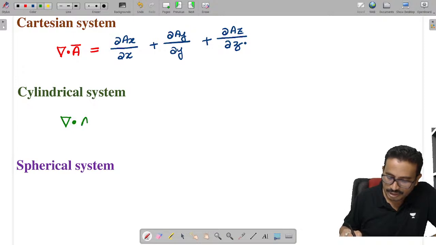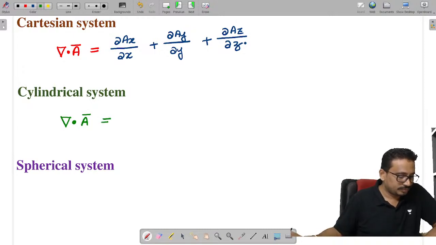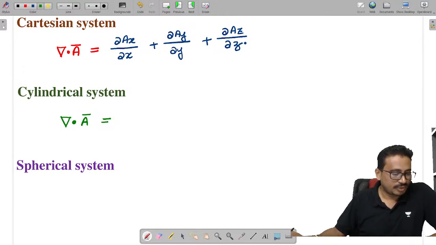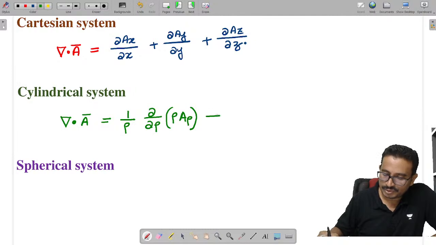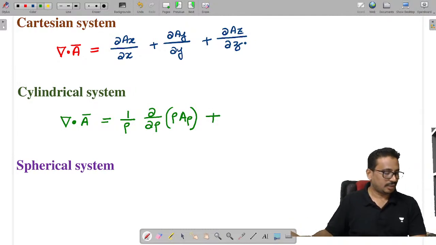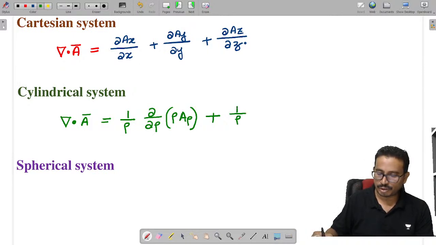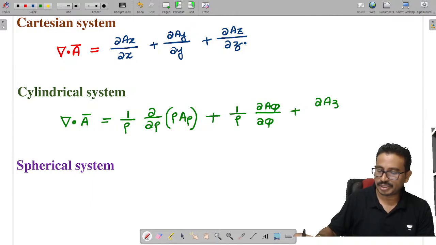Coming to the cylindrical system, what are the parameters we have? Rho, phi, z. Del dot A is given as 1 by rho dou by dou rho of rho into A rho, plus 1 by rho into dou A phi by dou phi, plus dou A z by dou z.